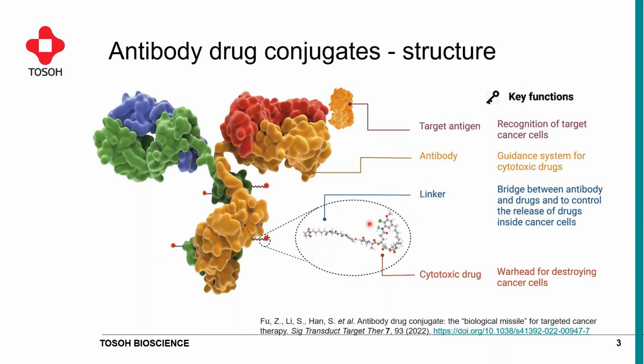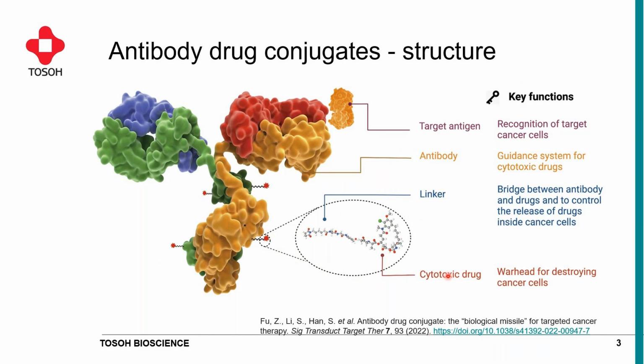And this is typically cleavable, because what happens if the whole ADC is applied to a patient, the antibody will go to the site of action, bind there, the whole molecule will be internalized by the cell, and only then the linker will be cleaved in order to release the cytotoxic drug, which can then induce cell death in the cell of interest.